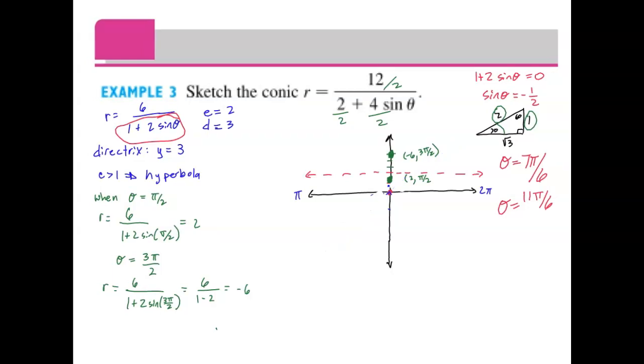The equations should be measured from the center of your conic. Meaning, I'm going to center my conic there, and then graph as if that's the origin, theta equals 7 pi over 6 and 11 pi over 6. So they'll be like this. There we go. And then our branches should just follow the asymptotes.